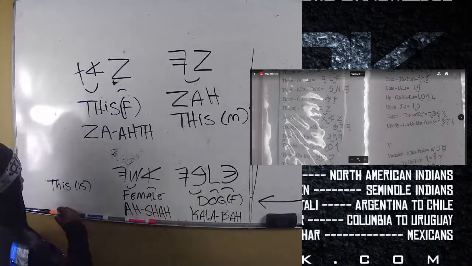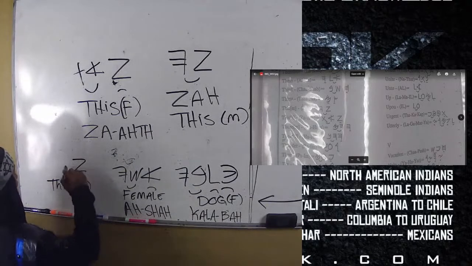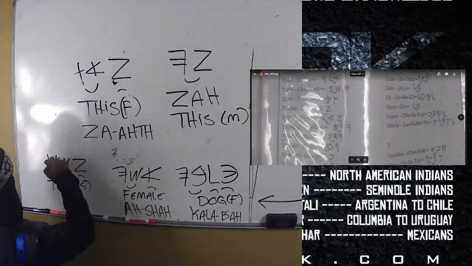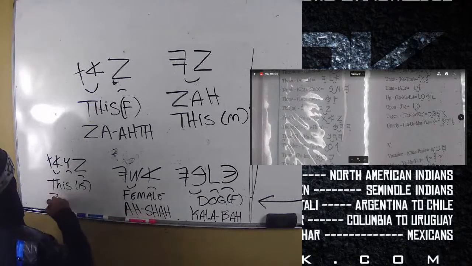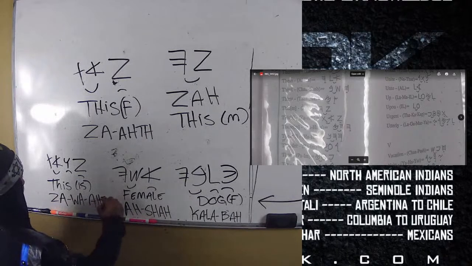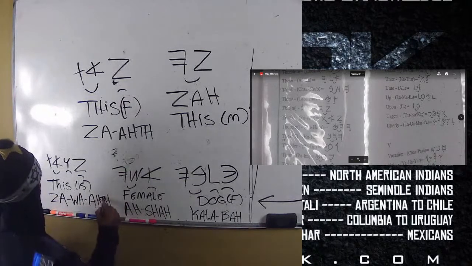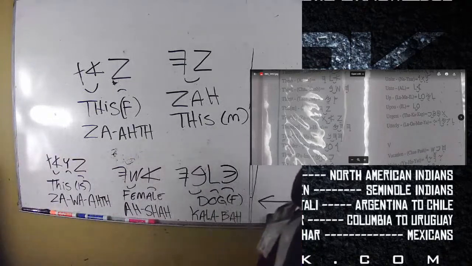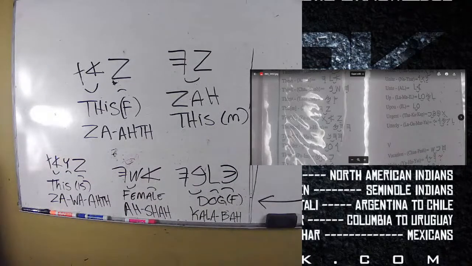Female, and then you have, this is Za, Wa, A. Kalaba, Asha, Za, Wa, A. Female dog, this is. Kalaba Asha Zawa'a. This is a female dog.